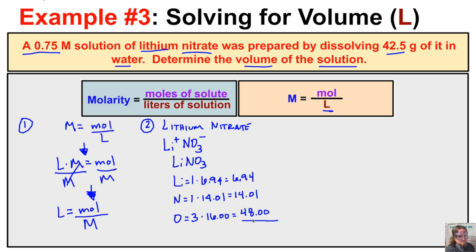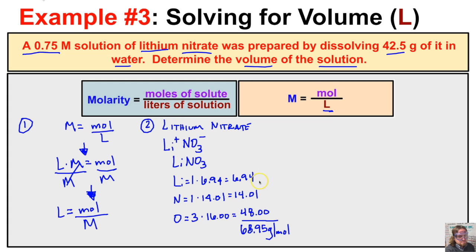And if I add all of these numbers up, 6.94 plus 14.01 plus 48.00, we're going to end up with a molar mass of 68.95 grams per mole. And so that's our molar mass.